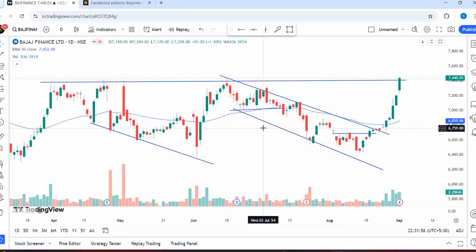The same way, if you see here, this candle is a kind of hammer, and there is also one more candle preceding this candle which shows indecision, which is called a doji. Doji means buyers try to go up but it is pushed by sellers, and sellers also try to push down but buyers push up.